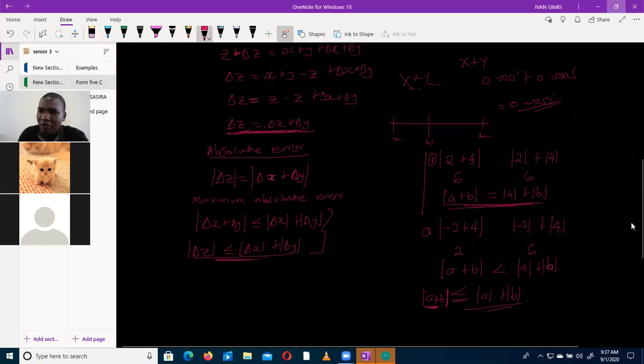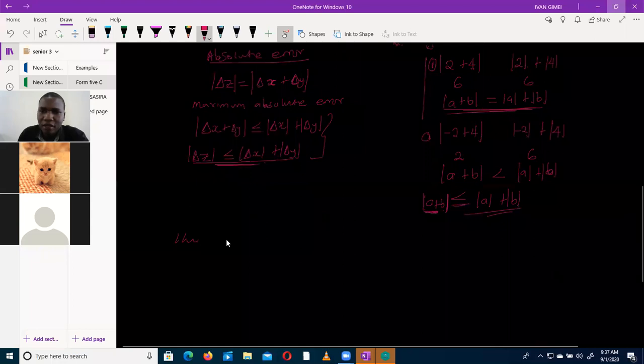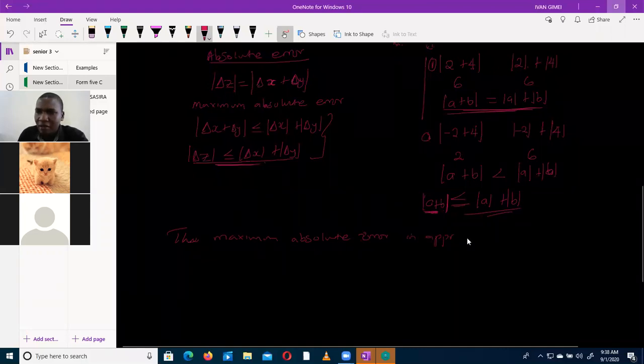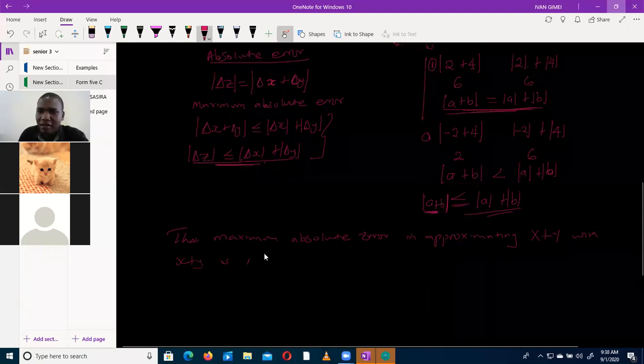So therefore, you can conclude here and say the maximum absolute error in approximating X plus Y with x plus y is error in x modulus plus error in y modulus. They'll always ask you for that expression.